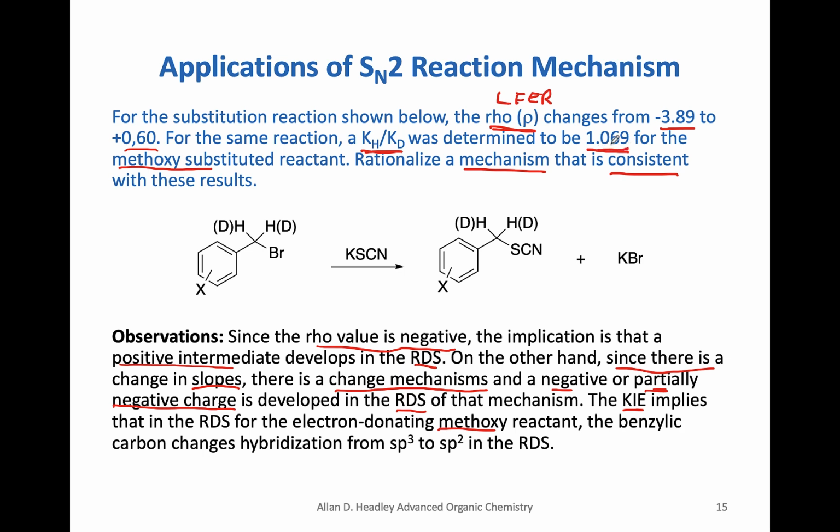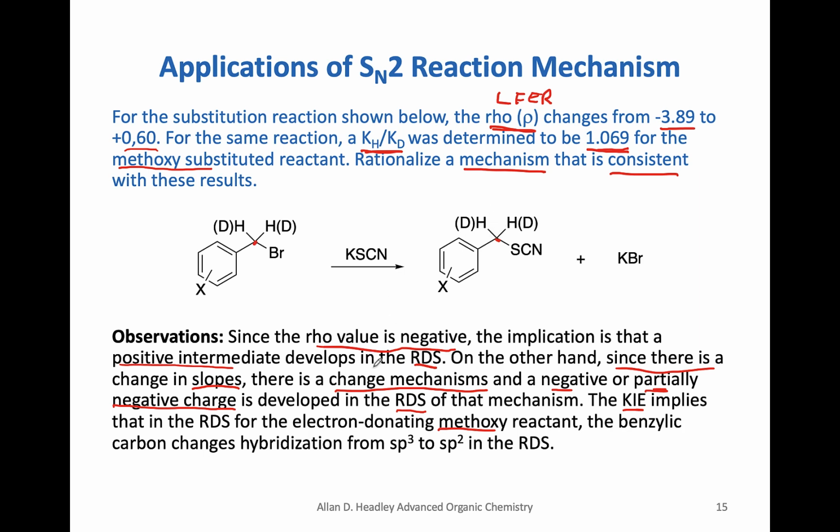Based on the magnitude of this value, it seems to be a secondary kinetic isotope effect. And as you can see from the reaction here, there are no CH bonds that were broken, so it's not a primary kinetic isotope effect, because here's the CH bond, here's the CH bond again in the product.